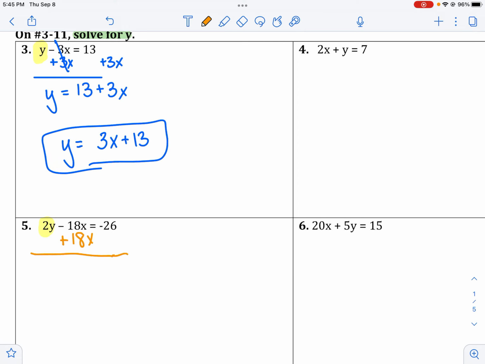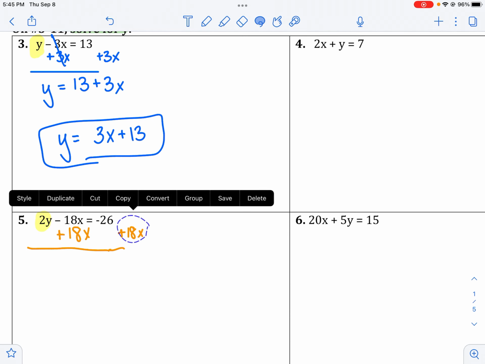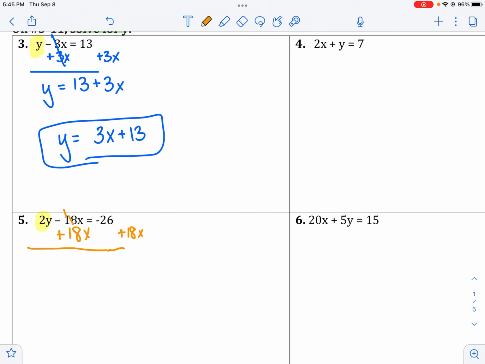And again, the biggest mistakes that I see: either a student will try to add this 18x over here, but we've already added that to that side of the equation. We do not need to do that again. Or they'll try to combine the negative 26, that whole number, with the 18x, but those are still unlike terms, so I still cannot combine those.